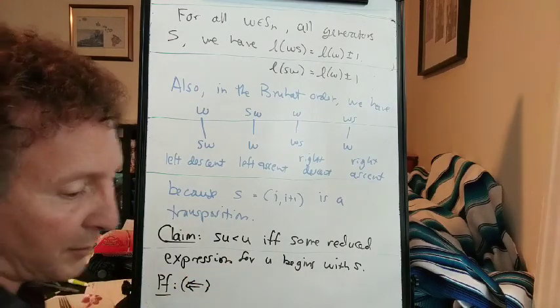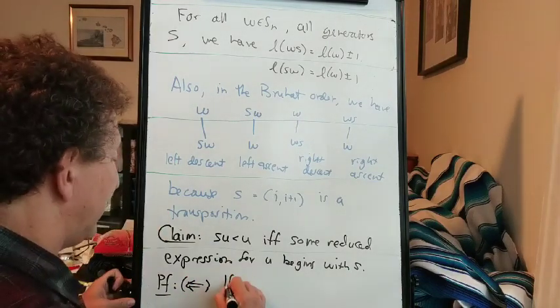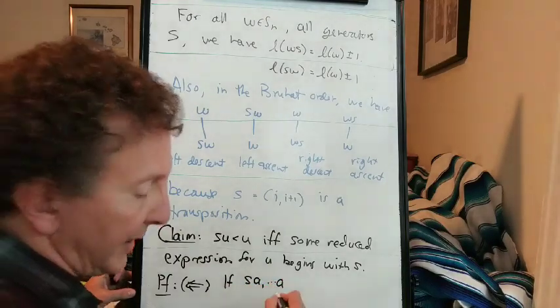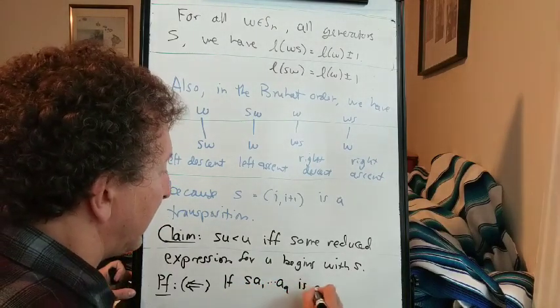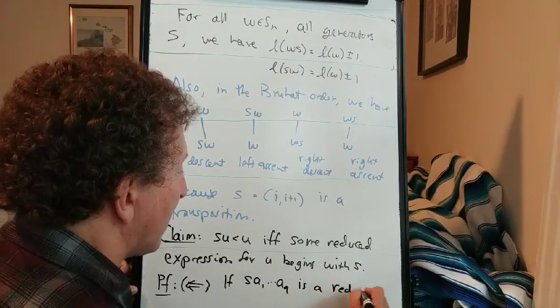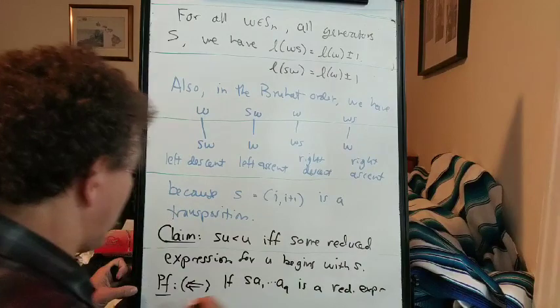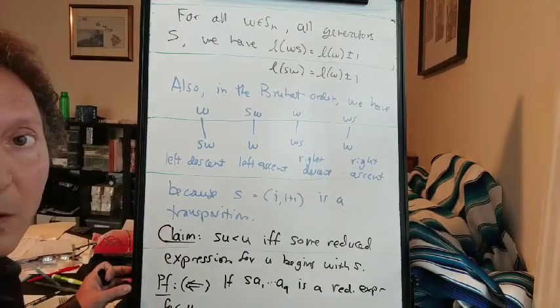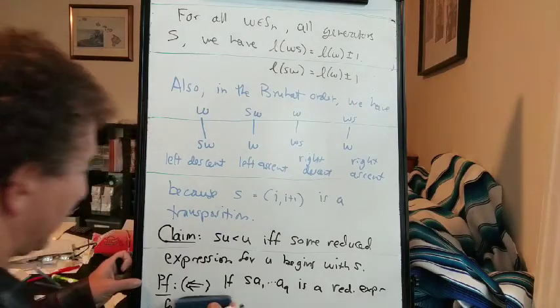So for one direction of the proof, if S A1 through AQ is a reduced expression for U, running out of space here, I will go to the top.